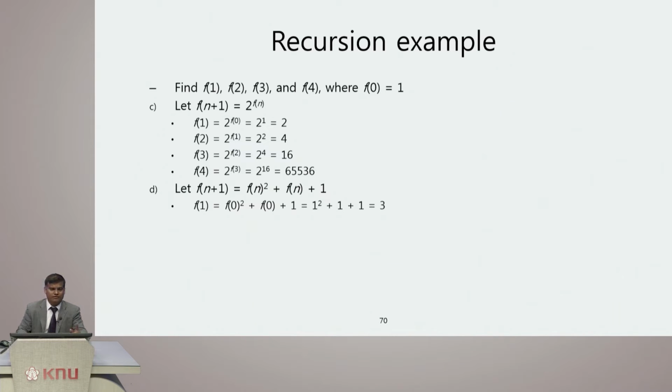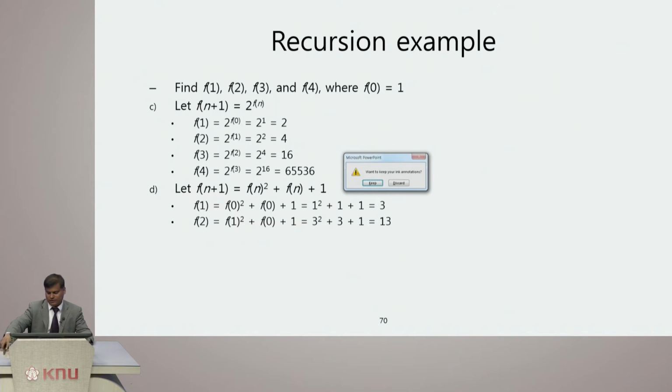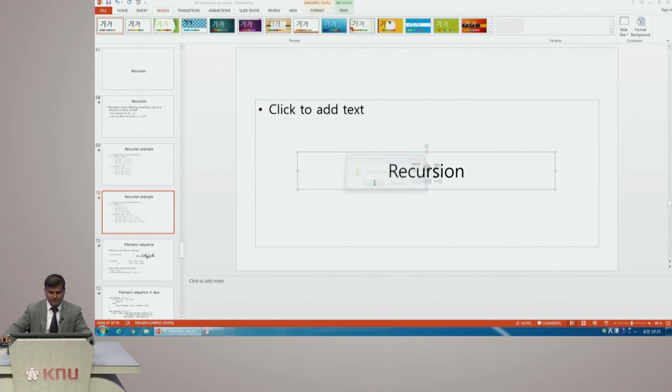And if you want f of 2, then you have to use this value there: f of 1 square plus f of 1 plus 1. I suppose this has to be f of 1, so we'll just change this.